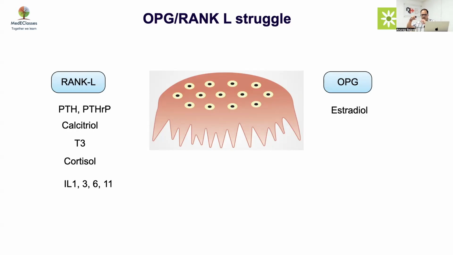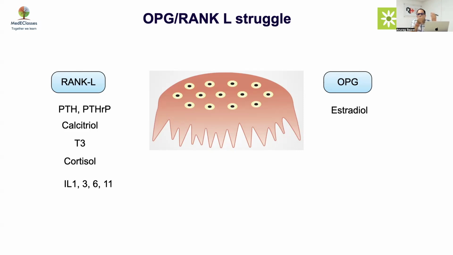So if you compare estrogen versus cortisol, they are basically the opposite. So estrogen deficiency, typically what is the most common cause of osteoporosis globally? Common cause. Estrogen deficiency. Menopausal, that is the most common cause.